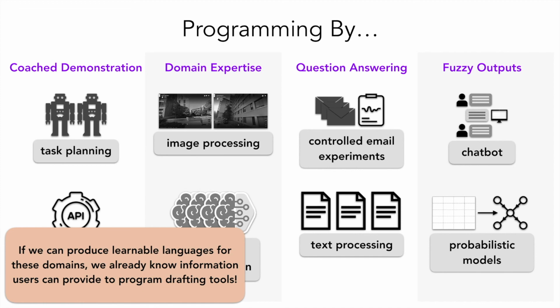All we need in order to actually put these domains in reach for them is to produce the learnable languages for these domains, to take advantage of the information that they're already comfortable communicating, and then actually put the programs in reach for them via learnable languages.